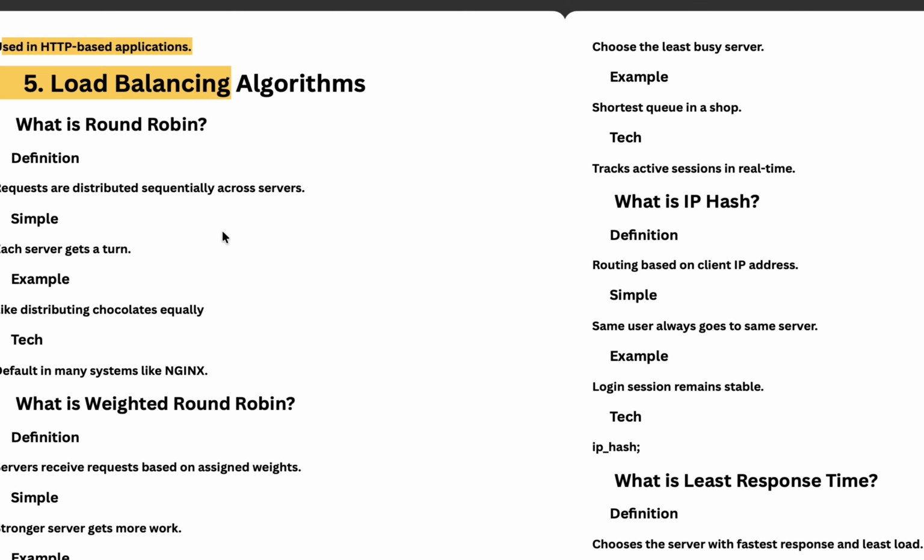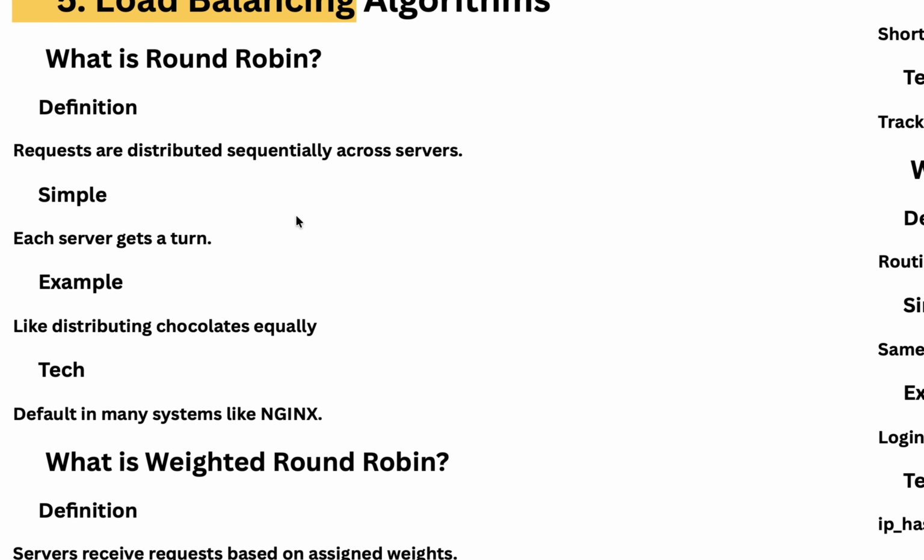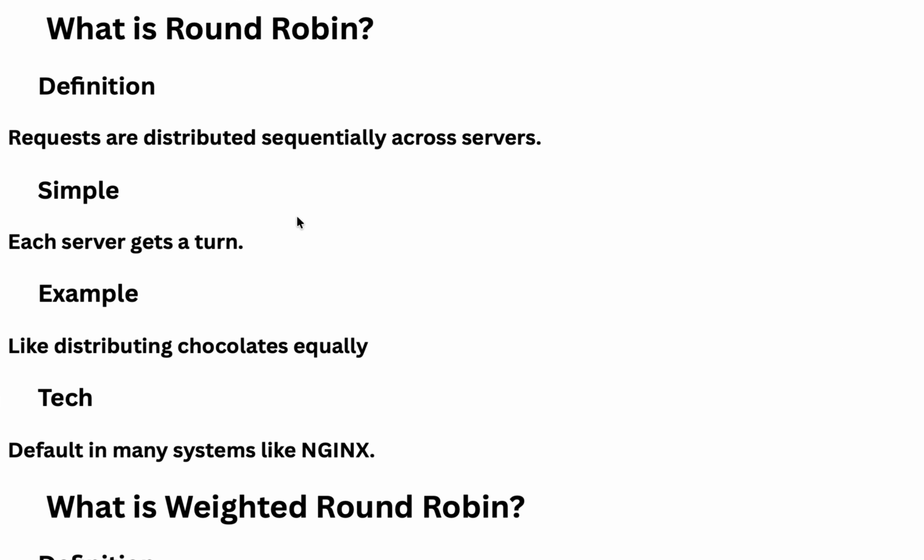What is round robin? In round robin, requests are distributed sequentially across servers. So there's nothing deep in that. If a request comes, we cyclically distribute them over servers.